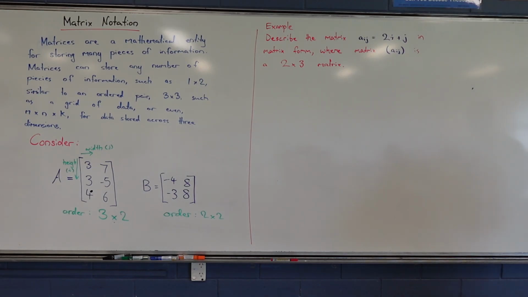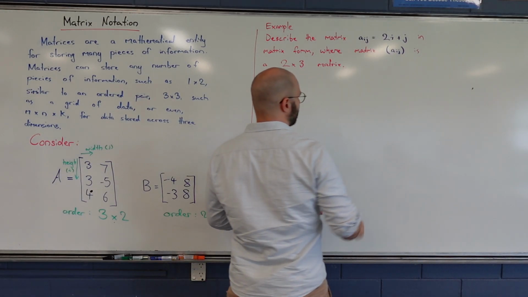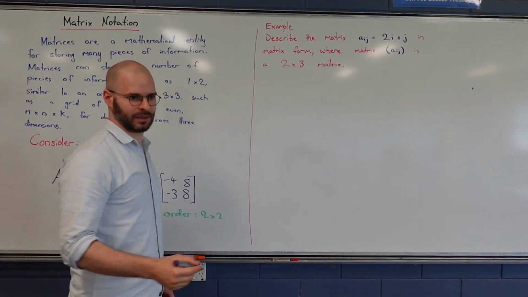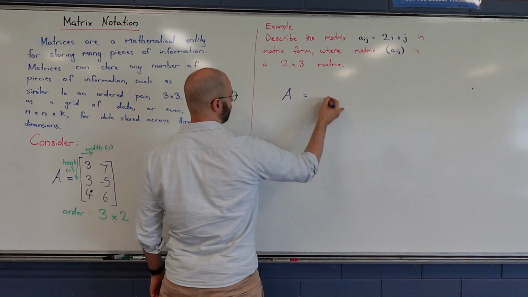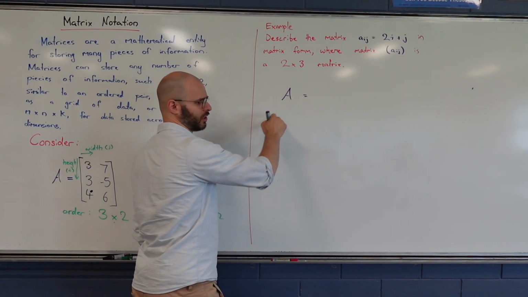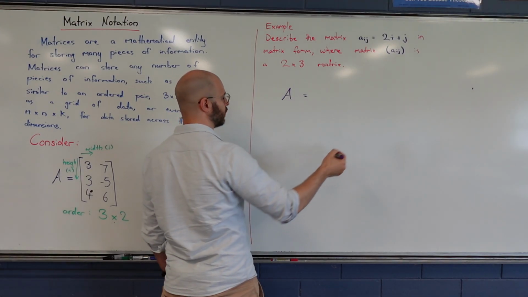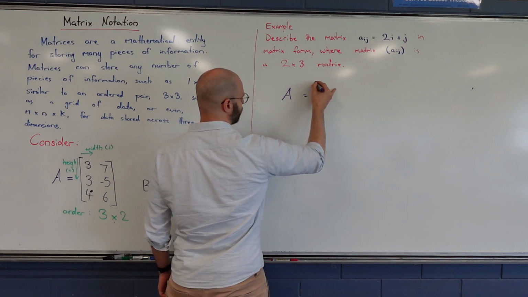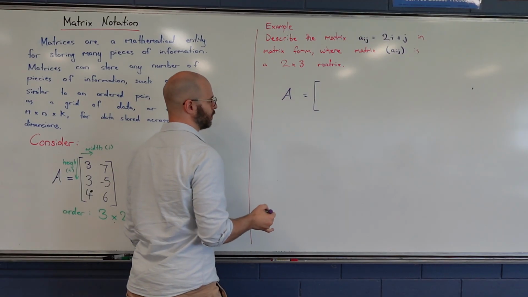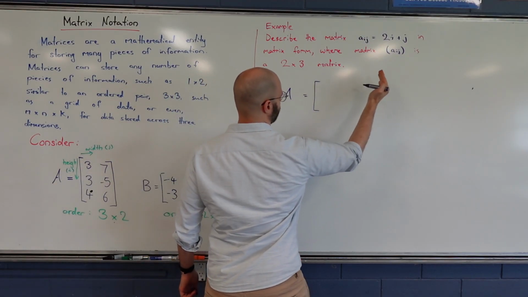Well, breaking this down, Aij, what's the capital letter to little a? Big A. You can write it as Aij, or you can just call it big A. Usually if we're doing it on a computer, we'll do it in bold font as well. What is the order? It's a 2 by 3, so how many rows? 2. How many columns? 3.